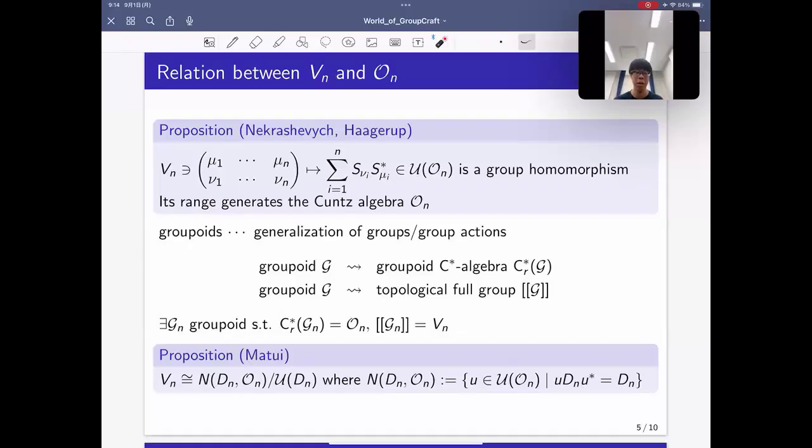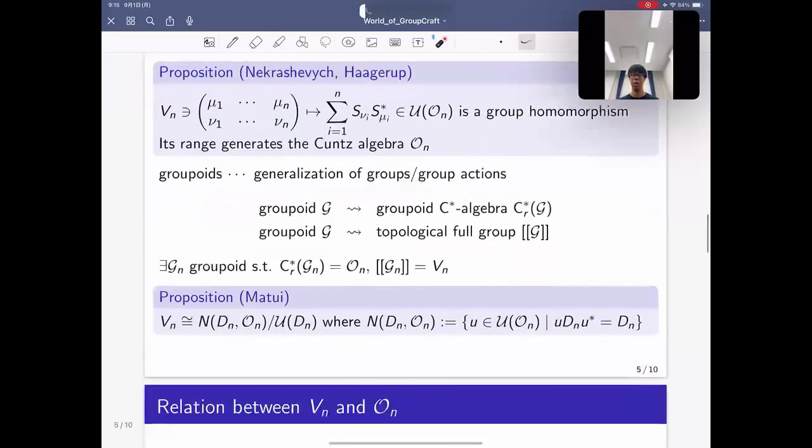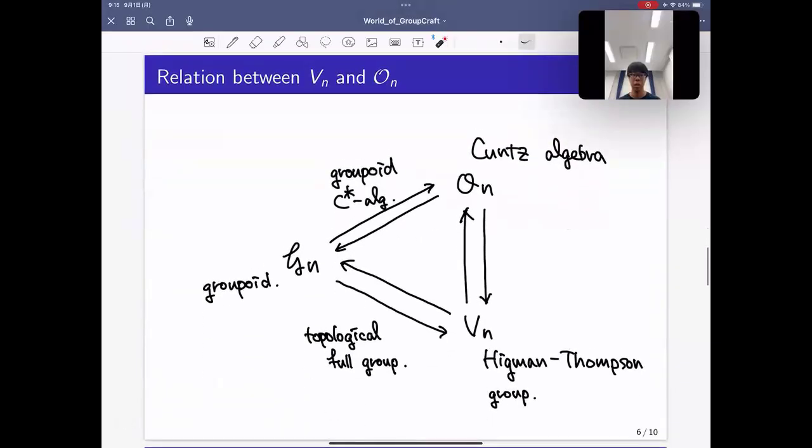And we can also construct the Higman-Thompson group directly from the Cuntz algebra, like this, with these two matrices. This is a picture representing the relation between the Higman-Thompson group and the Cuntz algebra. Here is a groupoid, and from a groupoid we can construct a Cuntz algebra.